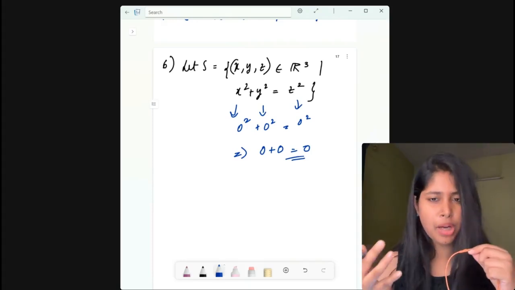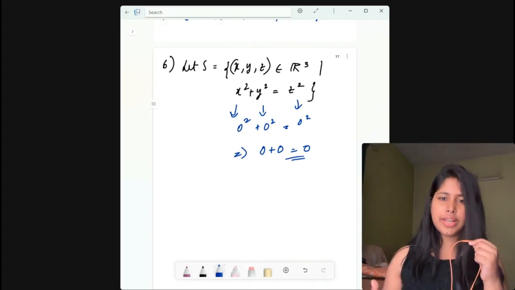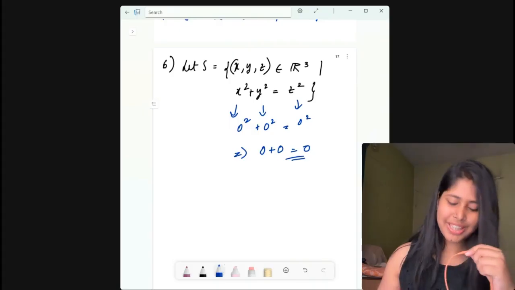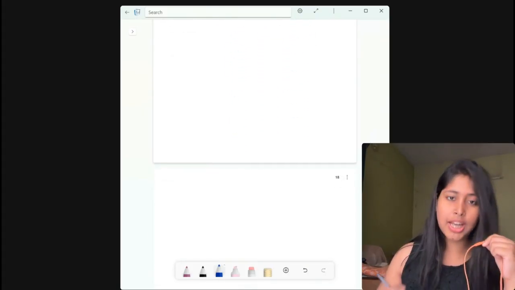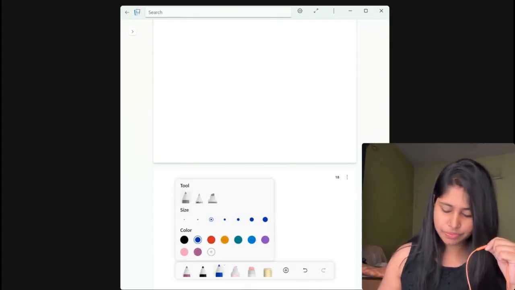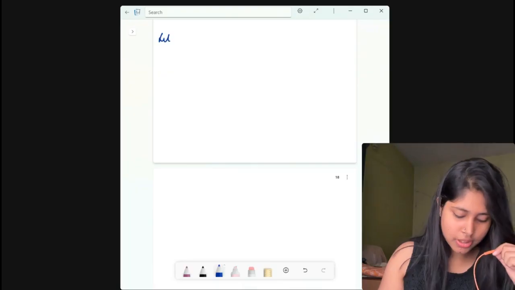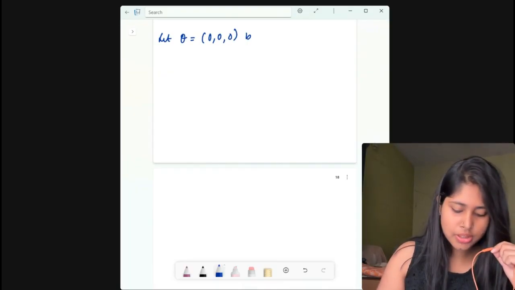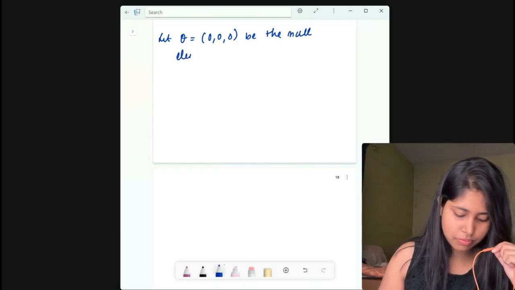Now when we step up, we do closure under addition, and we take two vectors in S, and we will see what will happen. Now let me write it from the first. First you will write: let theta equals (0, 0, 0) be the null element of R3.